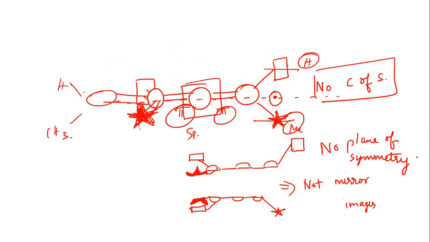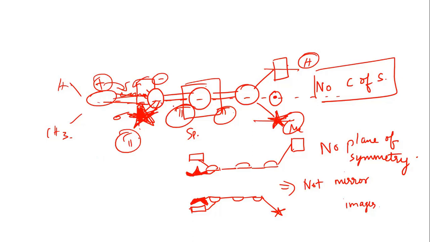This guy can have its bond broken, and this guy can become a carbocation and this guy a carbanion. Getting this bond broken, this will be a sigma bond, and now it can rotate, and after rotation it can again use that energy and form another bond. So rotation can happen with the expenditure of energy when there is a pi bond involved.